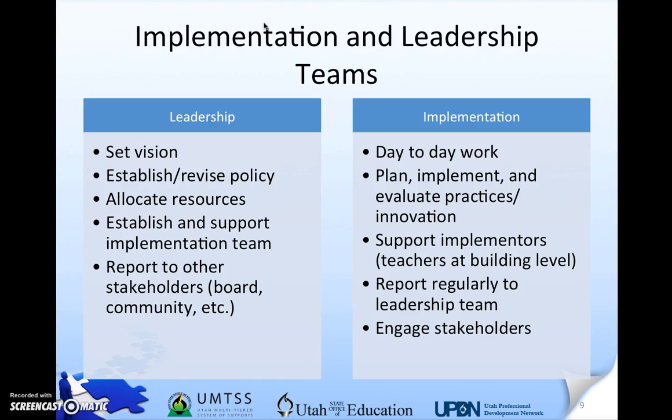And of course, the implementation team are also key in engaging stakeholders, whether that be at a community board level, involving representatives of the lower levels, whether that's the school or the grade levels, and being that connection between leadership and the innovators or the implementers at that front line level.